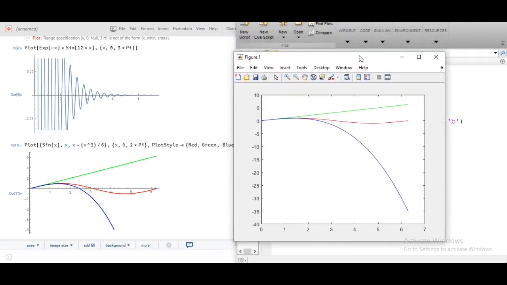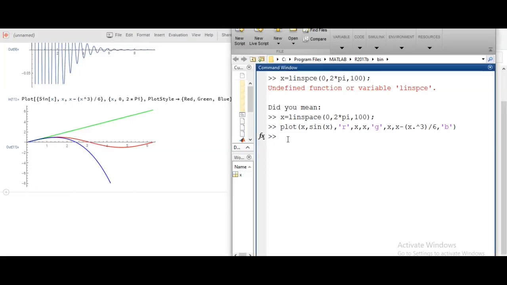You can see that this is the sinusoidal graph. This is the first approximation, green color, and this is the third one, with two approximation, taking only two terms.